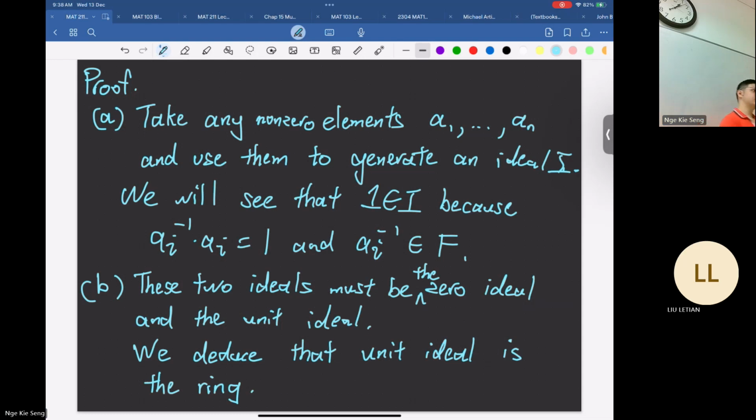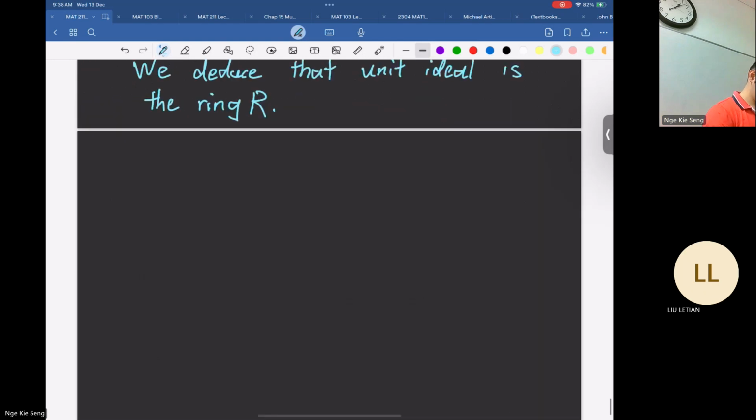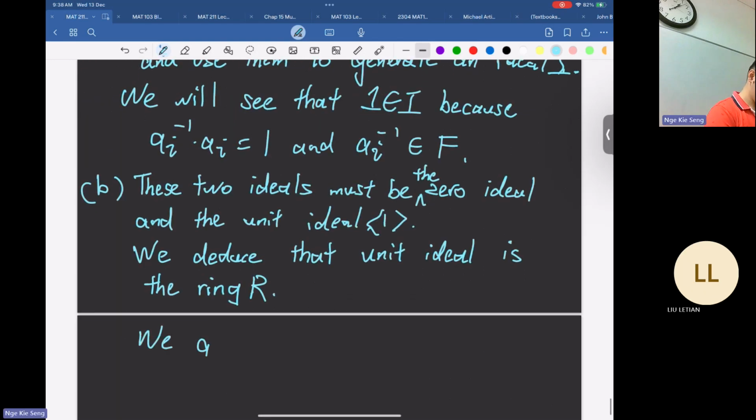Then what? It means that this ring is generated by 1. Let me write down the notation so that it's easier to see what's going on. R equals the principal ideal of 1.